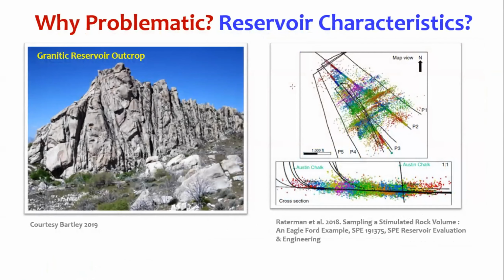The second thing that is on the books as a scientific objective for the stimulation treatment was to try and understand the role of the natural fractures. At the left is an outcrop of the actual Forge reservoir, a few kilometers away.